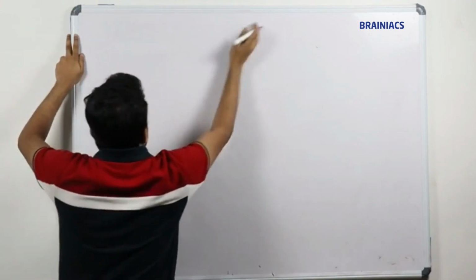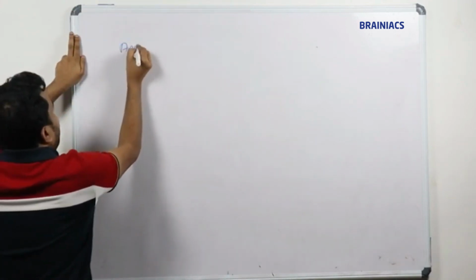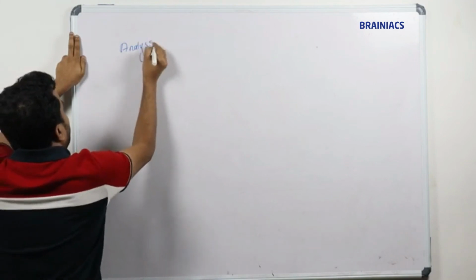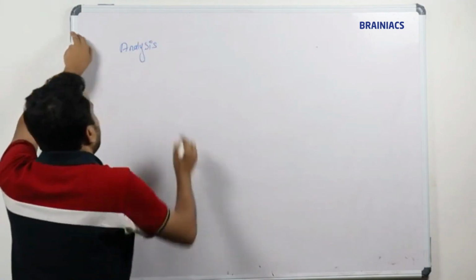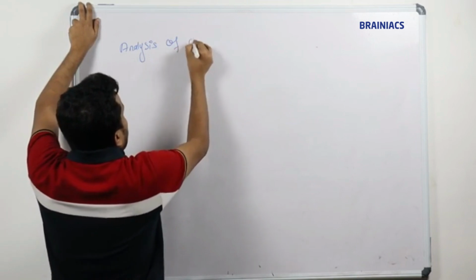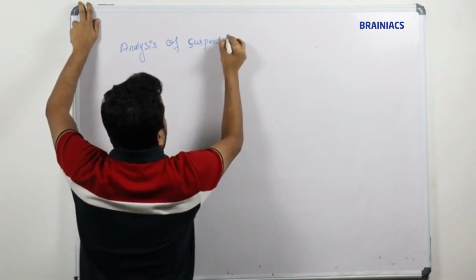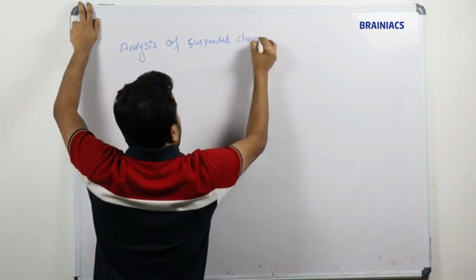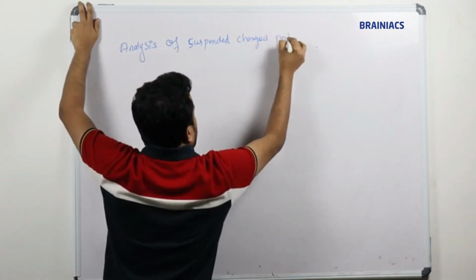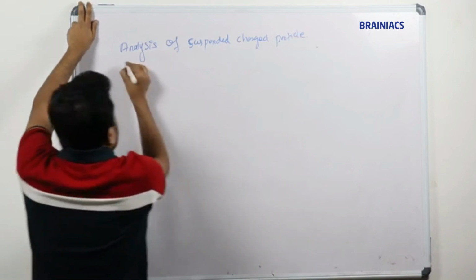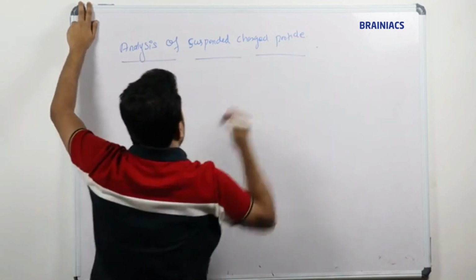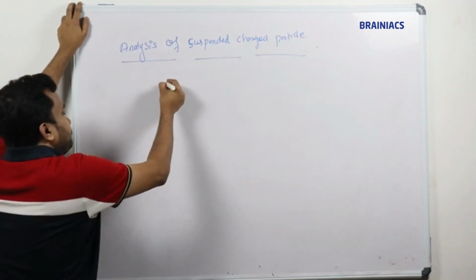We can just say analysis of suspended charged particle. We are not going to find out any electric field. Okay, we are using electric field, but we can say analysis of suspended charged particle. This is just a concept, nothing else will be there. Based on that, you may get some questions.